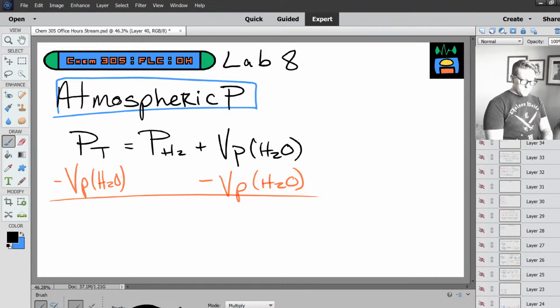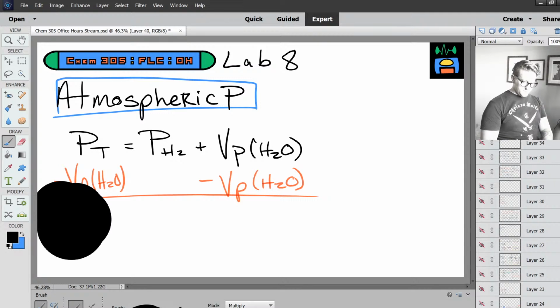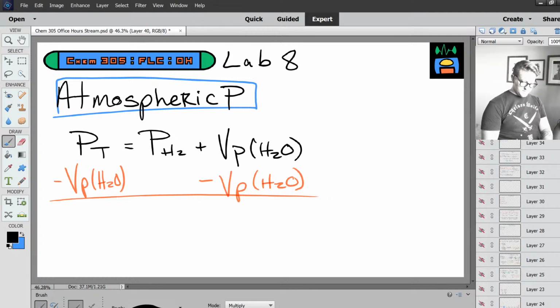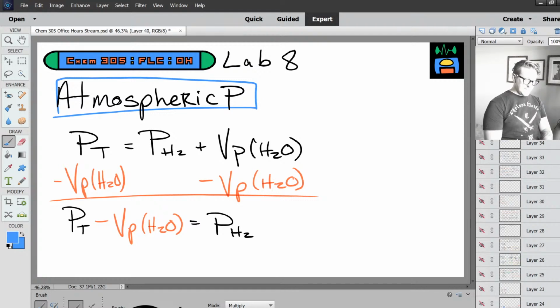So the atmospheric pressure minus the vapor pressure of water equals the partial pressure of hydrogen gas. That's how you go about doing it.